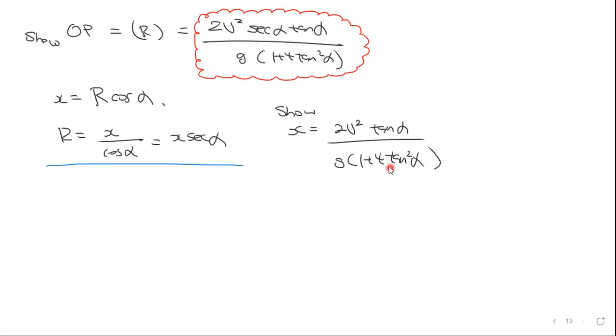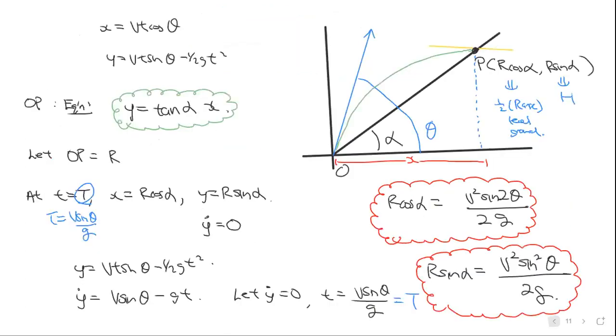I don't think we can do that directly, but let's think about if we could do it more methodically and slowly. So to get X, as we said, we can sub t equals v sine theta over g into your formula of X equals v t cos theta, already given.